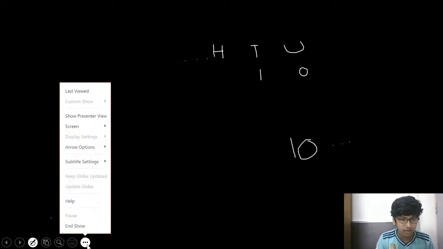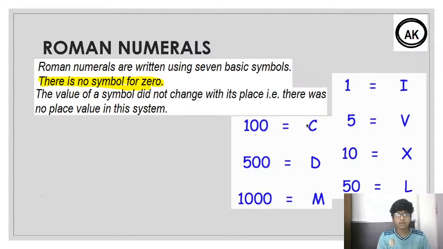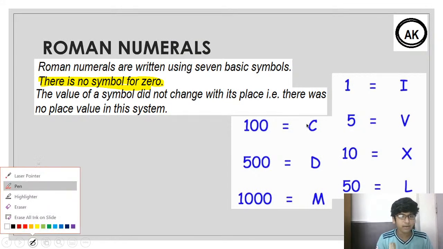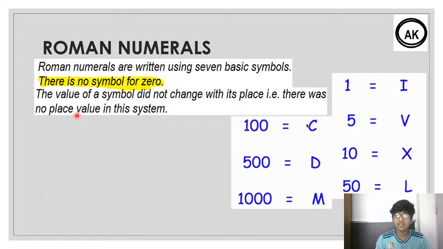So the value of a symbol does not change with its place. That is, place value system is not there in Roman numerals.